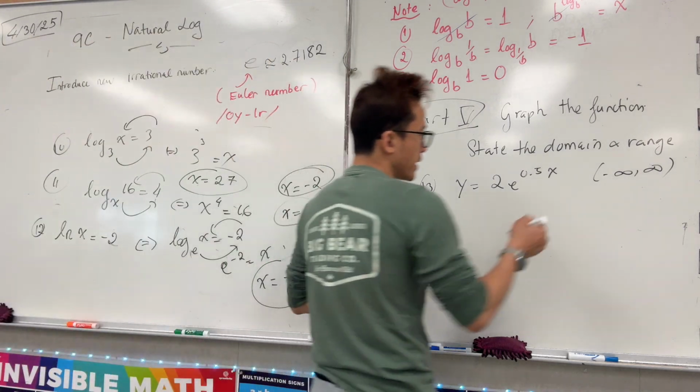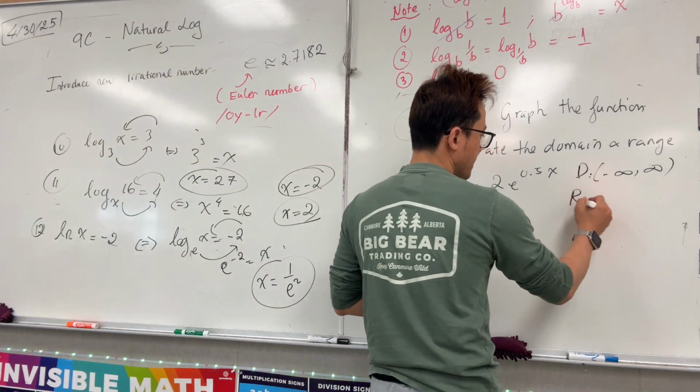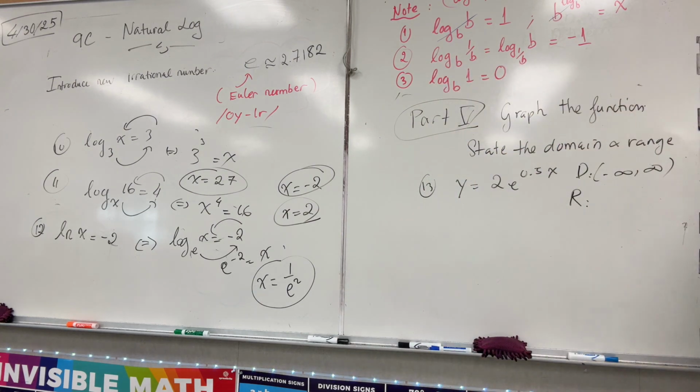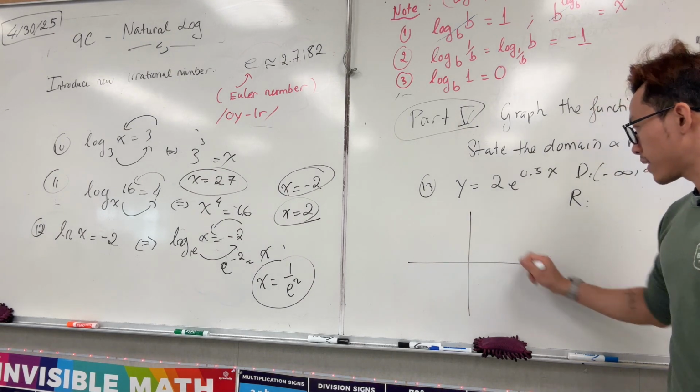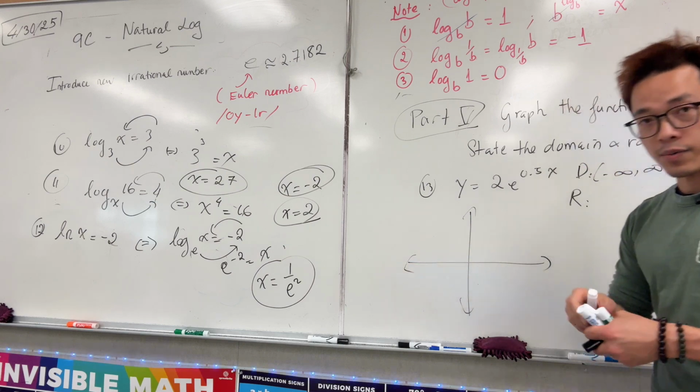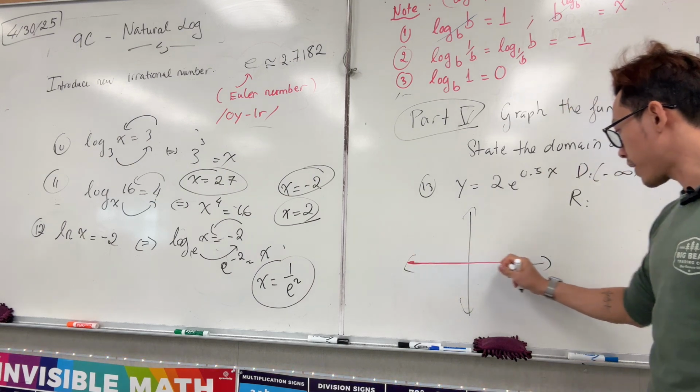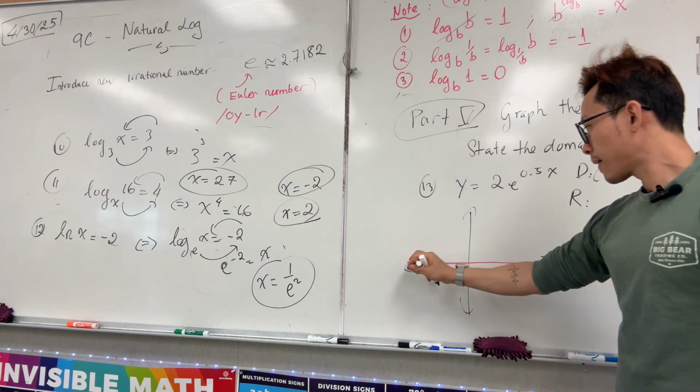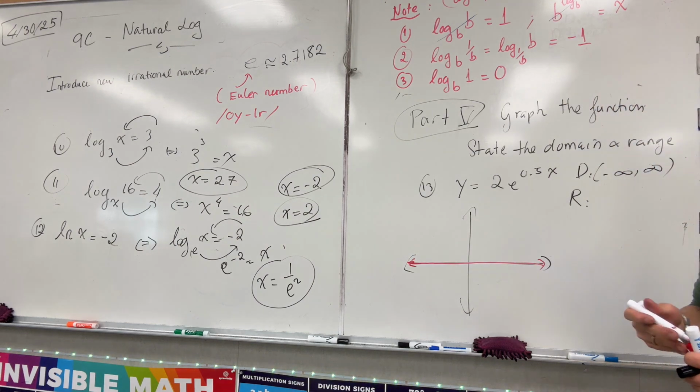All right, so domain is this easy. How about range? Do you remember the exponential function we just did in the last lessons? Do you see any addition or subtraction? No. So that means where is the HA? HA is at 0, right? Is it above 0 or below 0? They're always above, right?